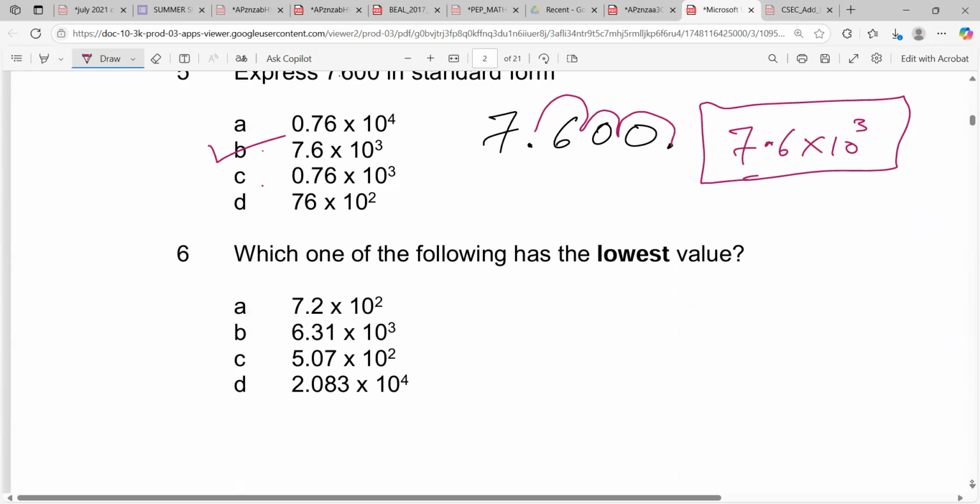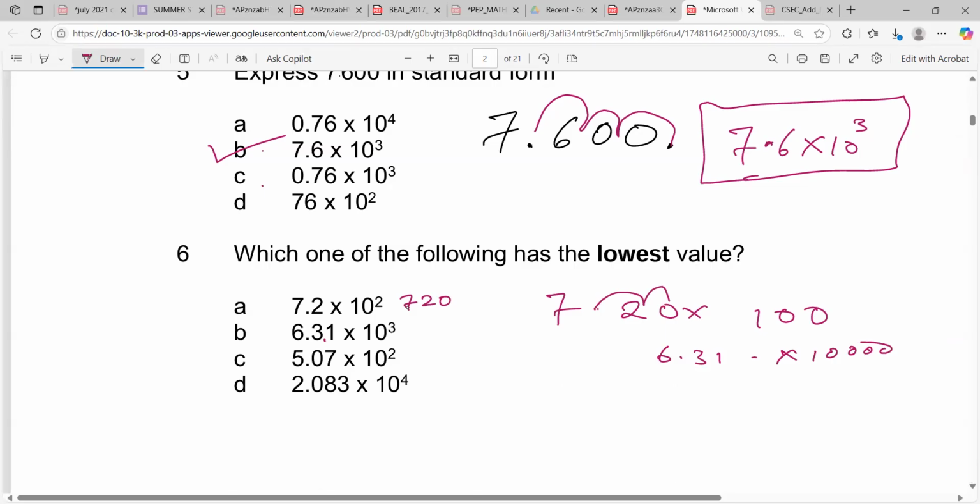Number 6 says, which of the following is the lowest in value? You can literally just work it out. 7.2 times 10 squared, which is 100, right? So that means I move 2 times, 1, 2. So the value of this is 720. If I move this 3 times, I think that will probably be one of the largest ones. Multiply by 1,000, right?